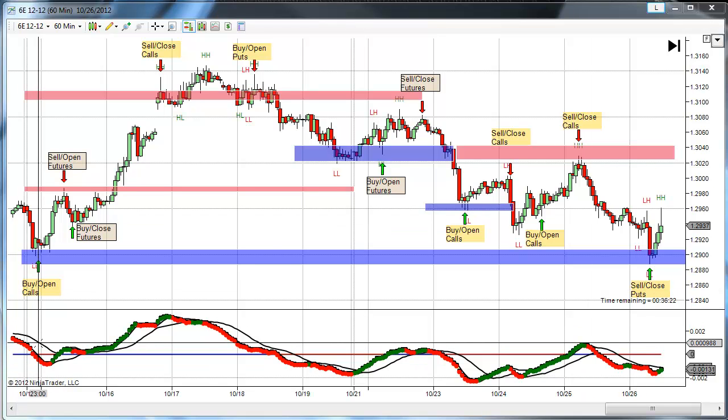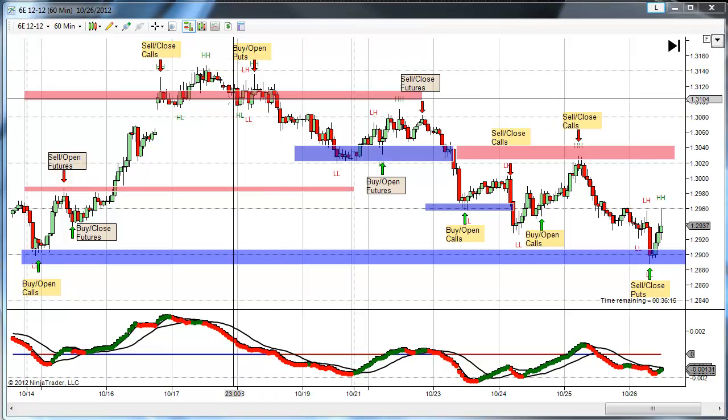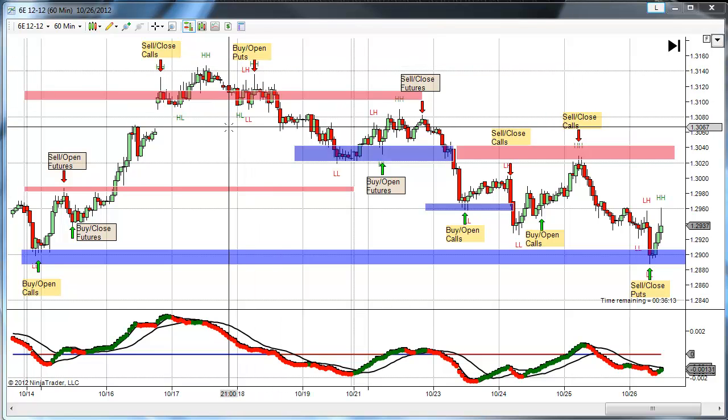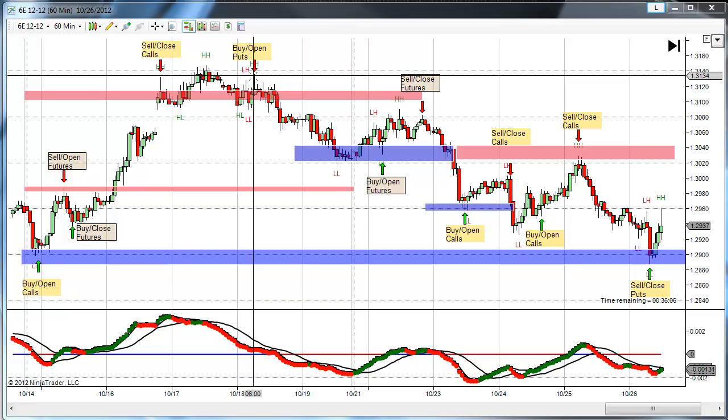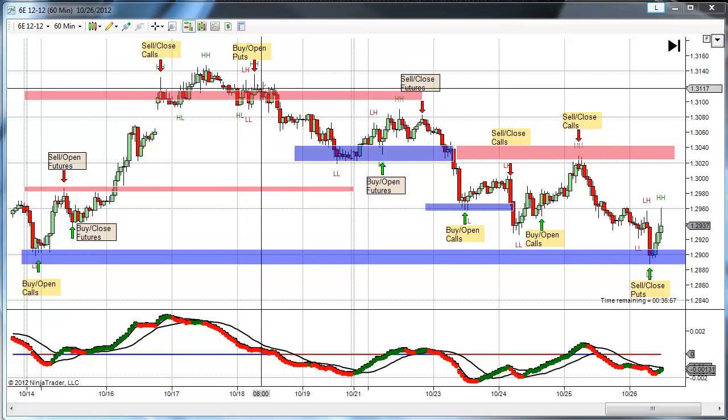The best thing about the option positions is that if you create for yourself a synthetic short position with a put option, it really removes much of the anxiety of holding a futures contract short. It is bars like this that can really cause you a lot of discomfort holding a futures contract where the market's starting to spike against you, because you never know.